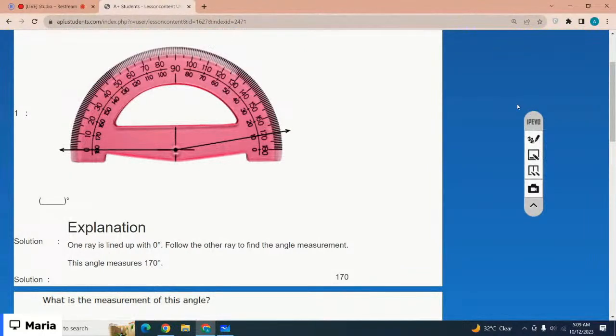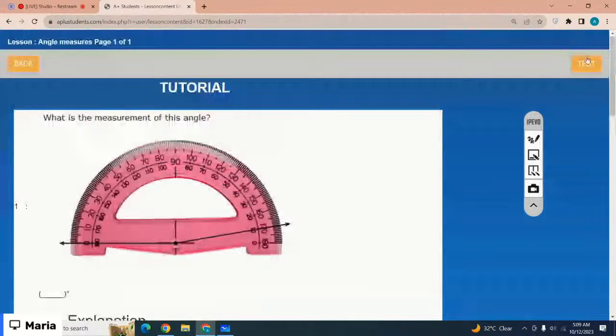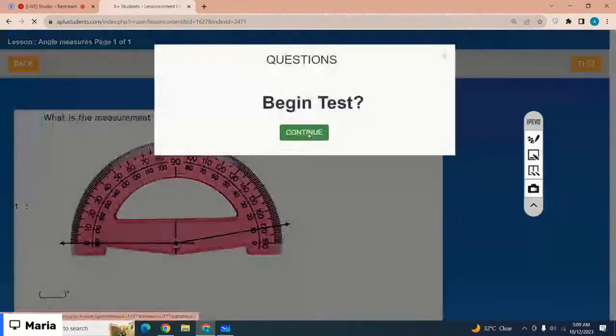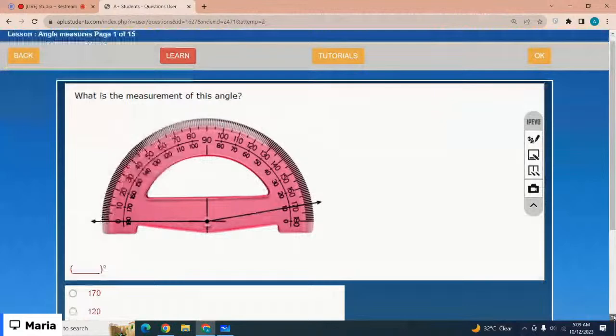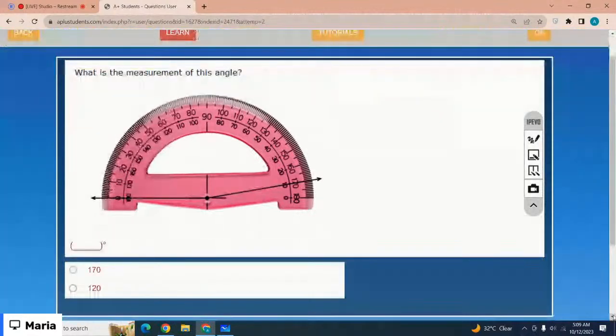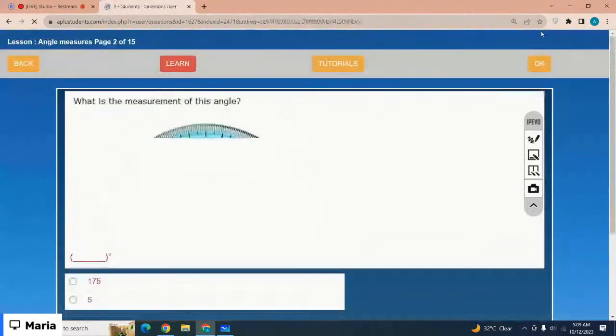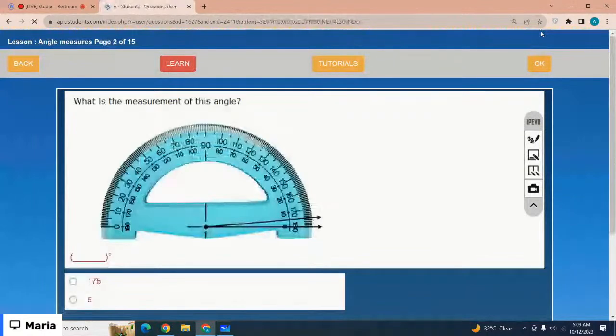Start with the practice questions. What is the measurement of the angle? It is 170 degrees, right? What is the measurement of this angle?